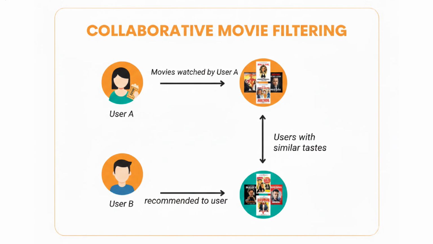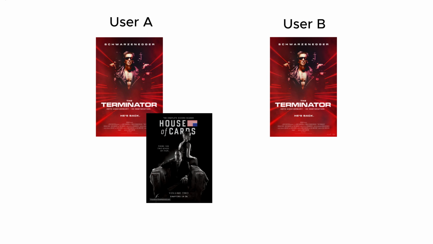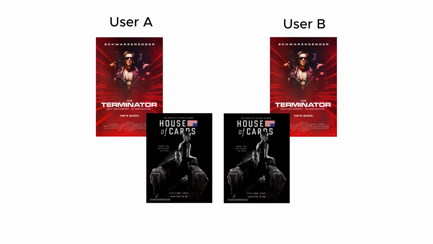So let's say I've seen a movie titled Terminator and I'm user A, and you've also seen the movie titled Terminator, you are user B. After seeing Terminator, let's say I also went ahead and watched a movie like House of Cards, that is more like a political movie. The model will recommend House of Cards to you because both of us had seen Terminator together and we both liked it. So it will assume that we have the same kind of preference for the kind of movies that we watched. So that is how collaborative filtering works.